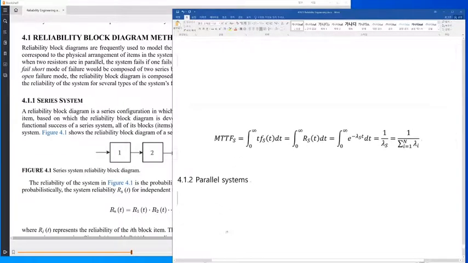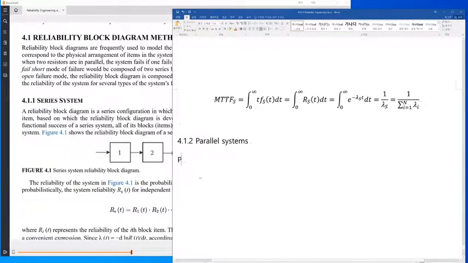In case of a parallel configuration, only when all blocks or items fail, then the system fails.